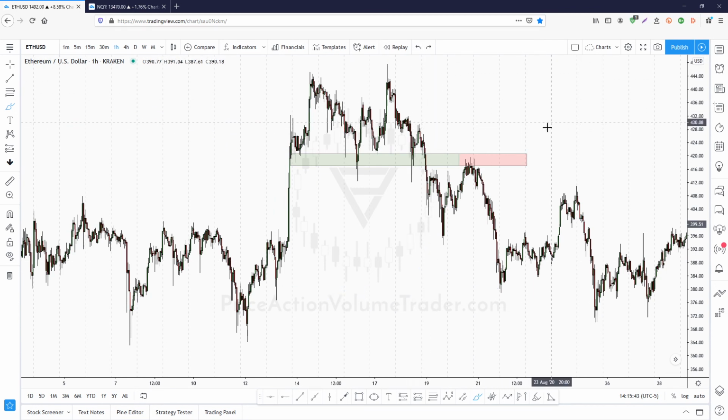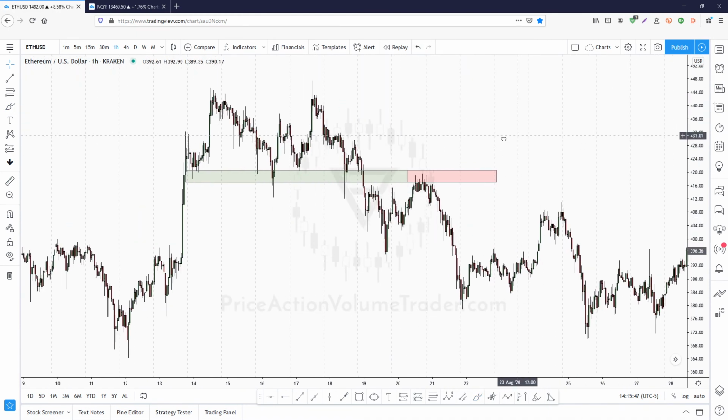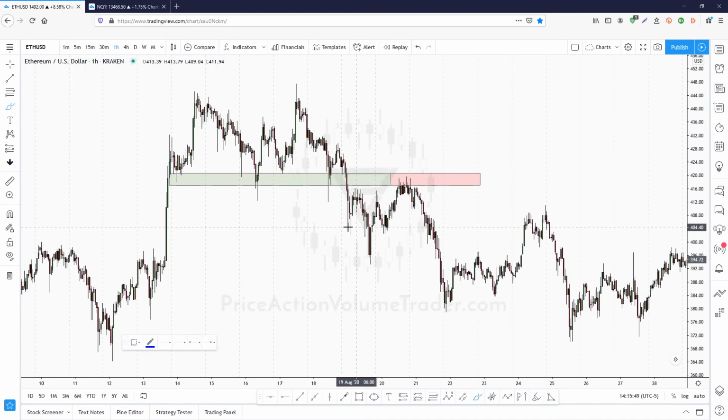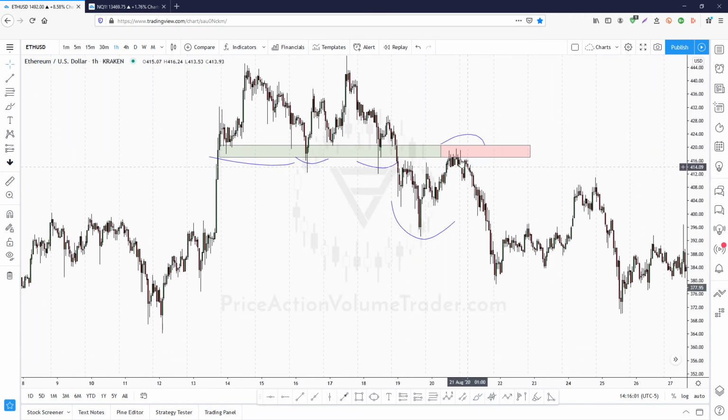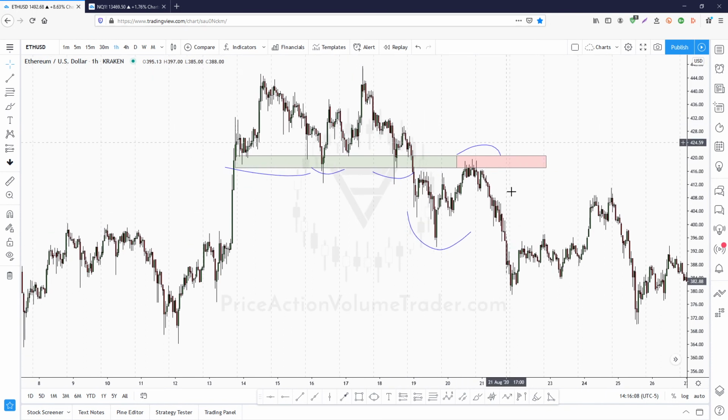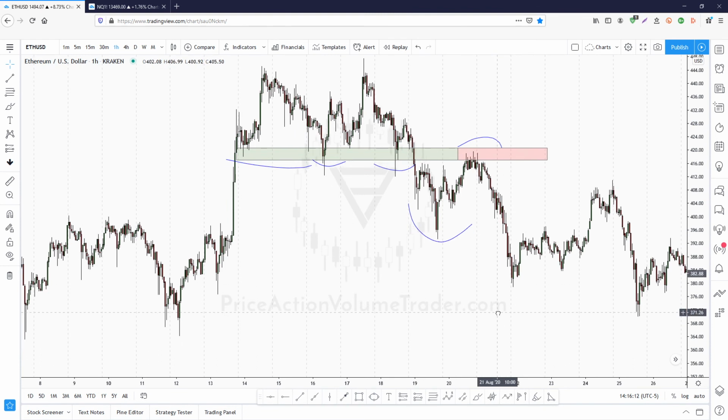Like in this case, we can see here, market structure was clearly broken. We were holding these lows. We made a lower low. So now we could expect a lower high. Now that we have this lower high, even if you didn't get it on the trade here, just following all these principles and price action, you say, okay, we made a lower high, we should have a lower low now.